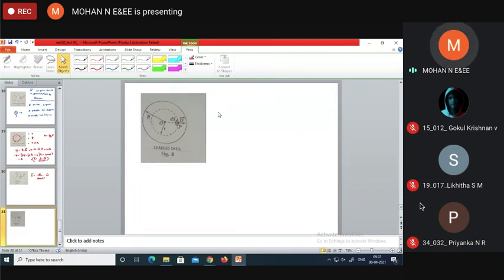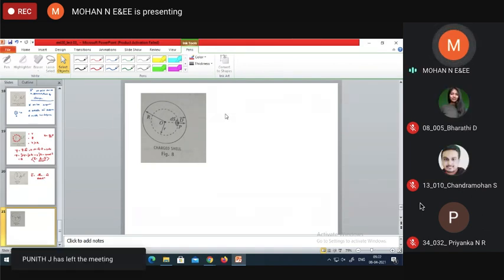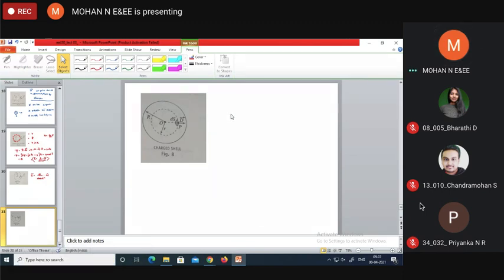The last case. Will you be having any charges inside this shell? That is the next question. No, sir. Why? It is a hollow sphere, correct? It is a hollow sphere, so you will not be having any charges inside this shell.